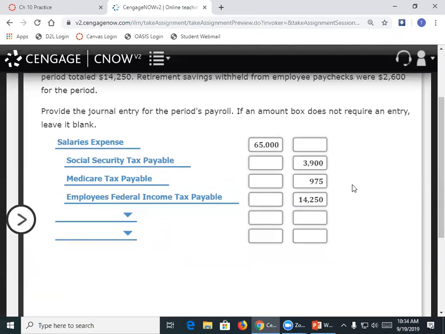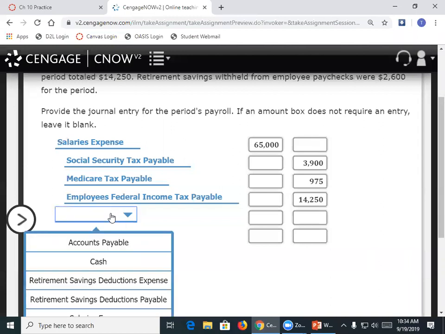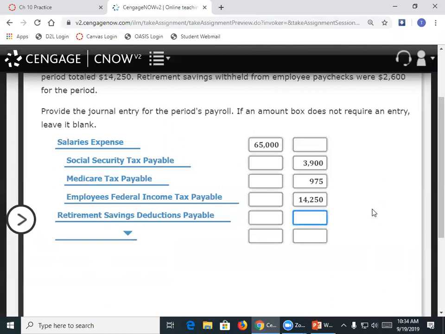They also told us we had a retirement savings. So you'll see retirement savings deductions payable, and that is $2,600. So these are all payables. There's only four withholdings on this payroll.